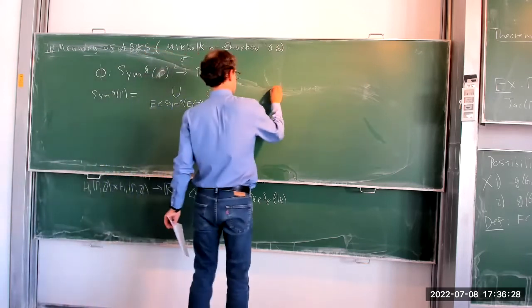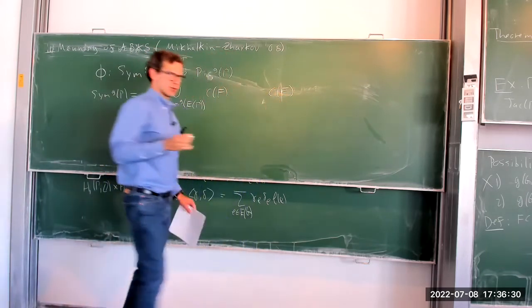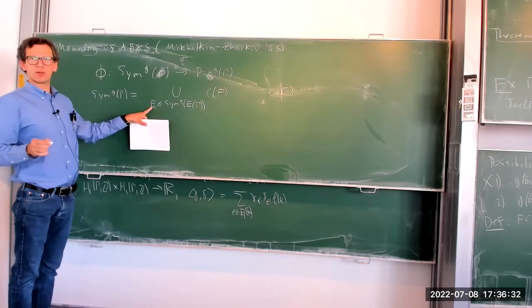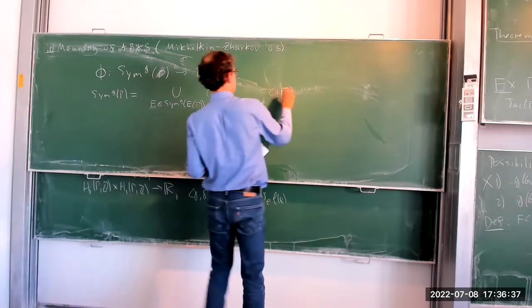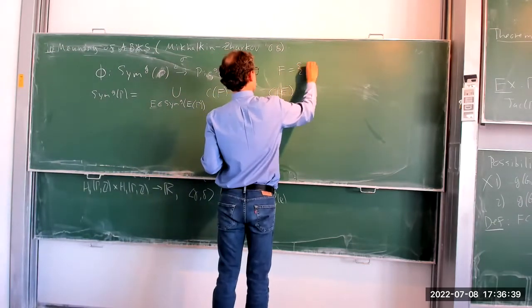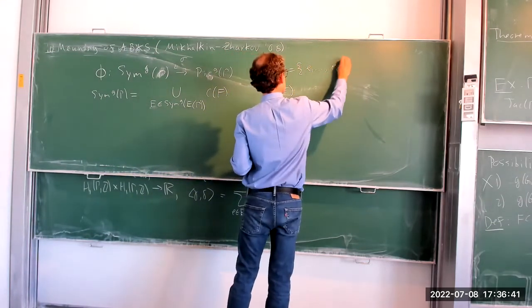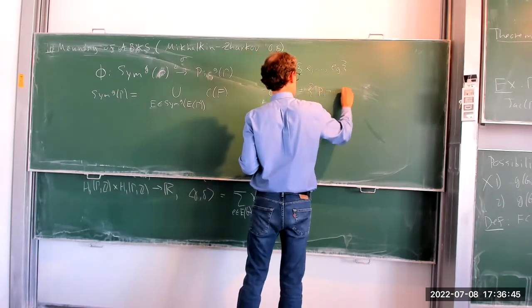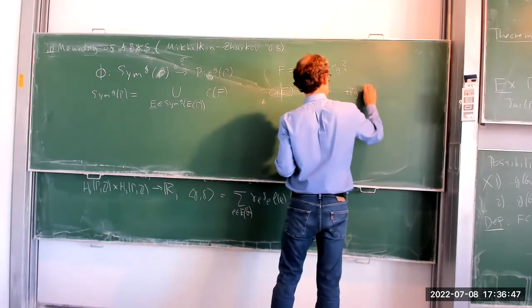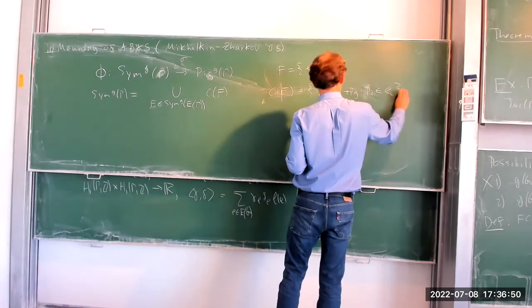And what is C_F? That's the set of divisors, each of whose points is supported on a corresponding edge here, right? So if F is a multiset E1 through EG, C_F is the set of divisors of the form P1 through PG, such that Pi is in Ei. Okay.